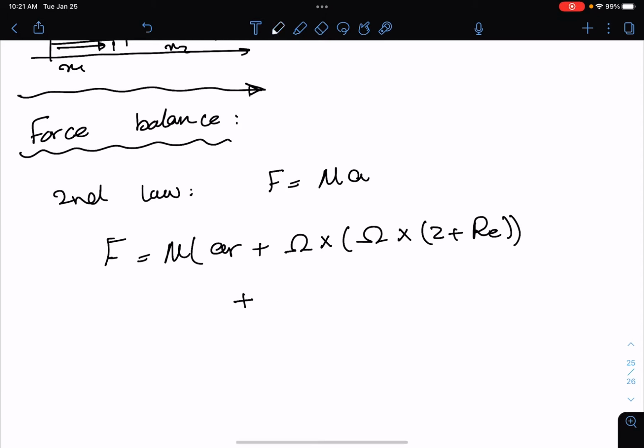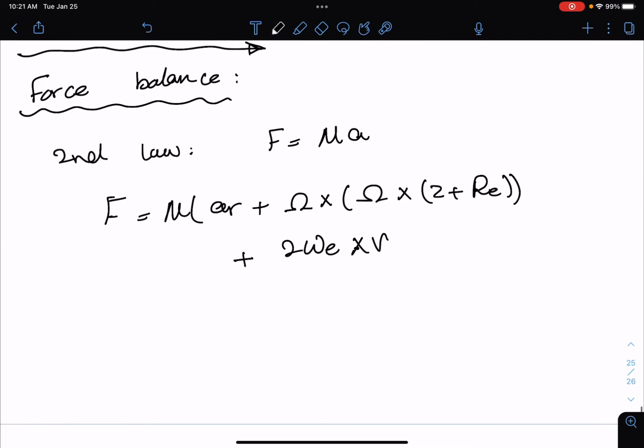Plus 2 omega multiplied by your velocity, right? This is the general form. Omega dot cross r is hidden in the second term. These are the only terms that we are going to focus on.